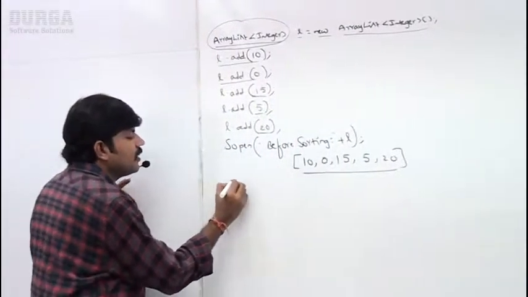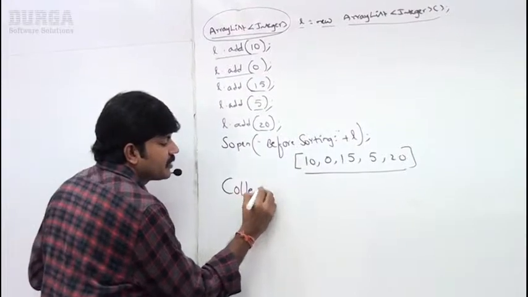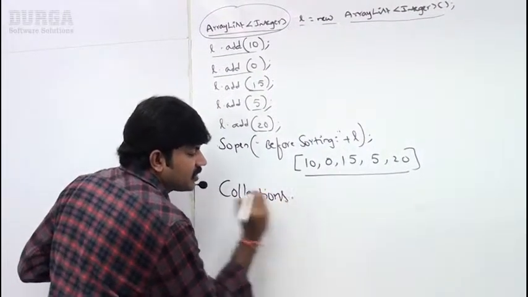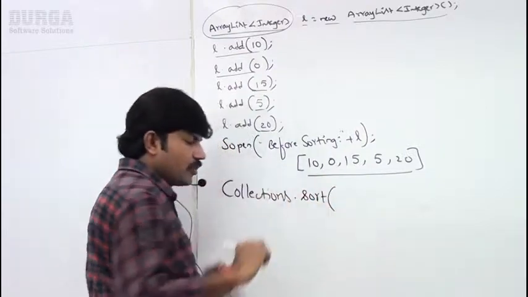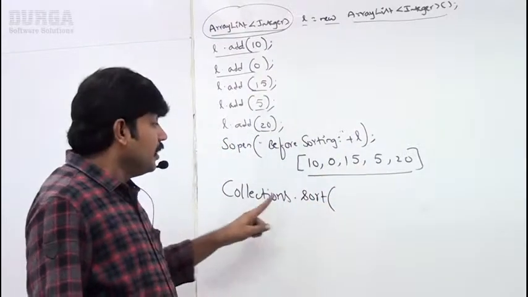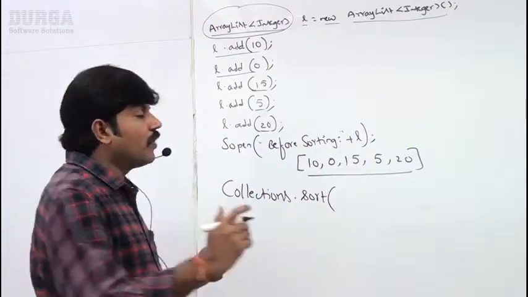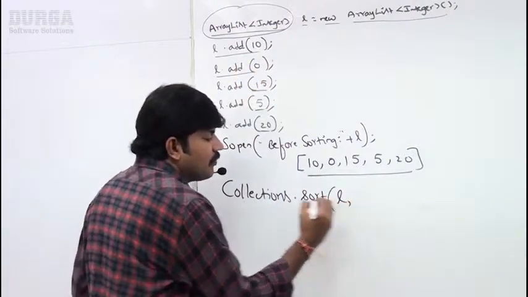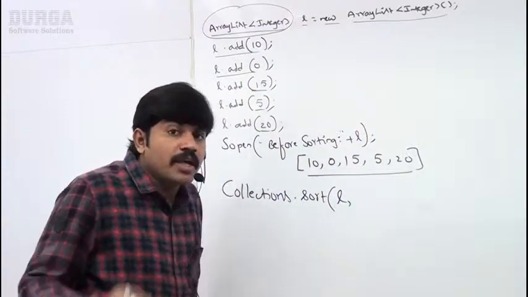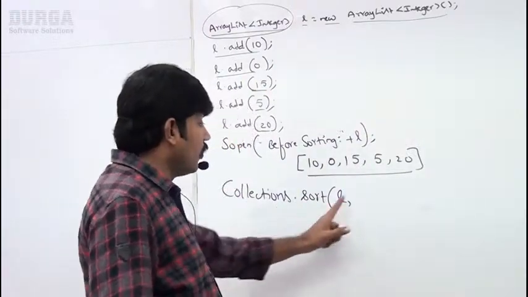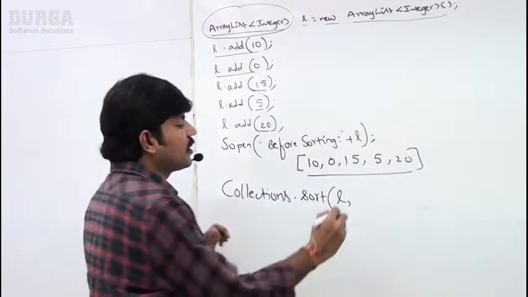Collections is a class, sir. We have to use Collections.sort. Hey, can you please sort? Which thing do you want to sort? This l, which means the list. According to which comparator, and by using which comparator do you want it?